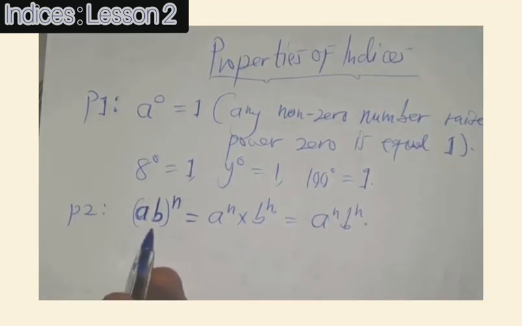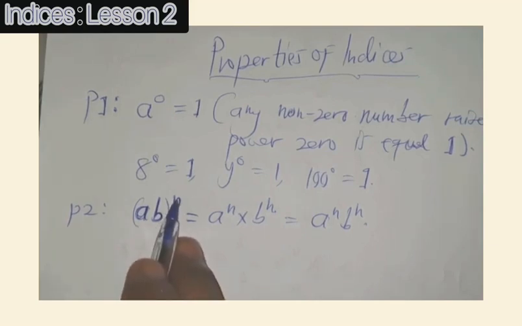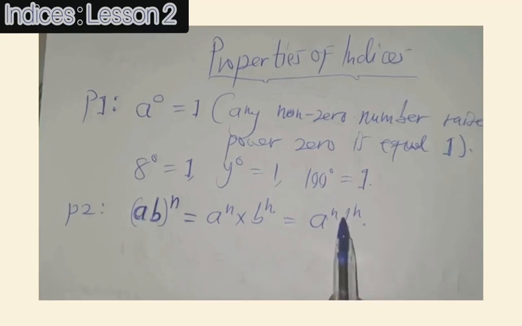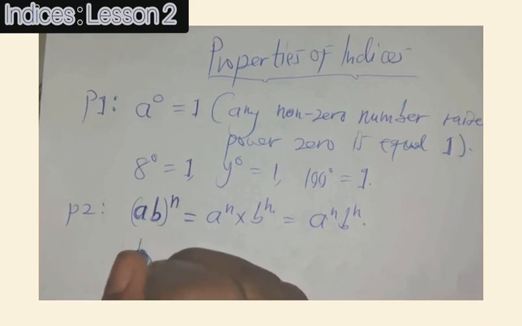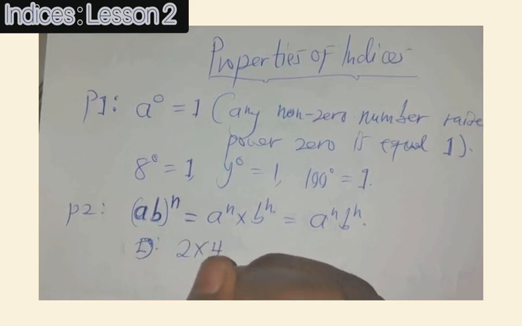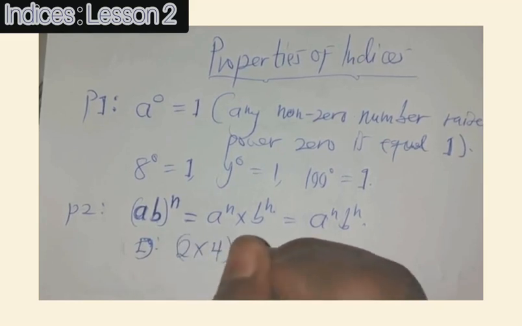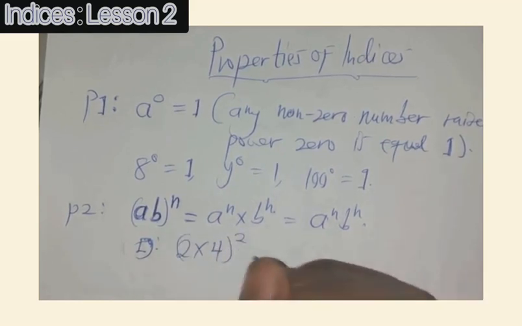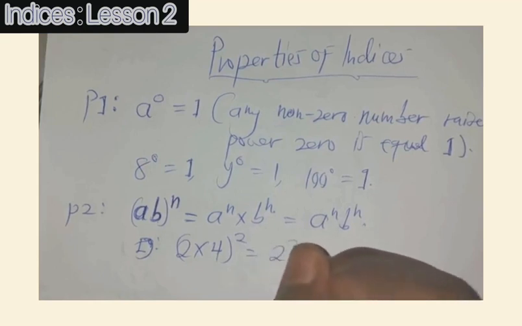Anytime you have an item of this nature, with all of them having the same exponent, just take the power of that exponent for each base. For example, if I have 2 multiplied by 4, and they are all raised to the power 2, I can write this as 2 raised to the power 2 multiplied by 4 raised to the power 2.